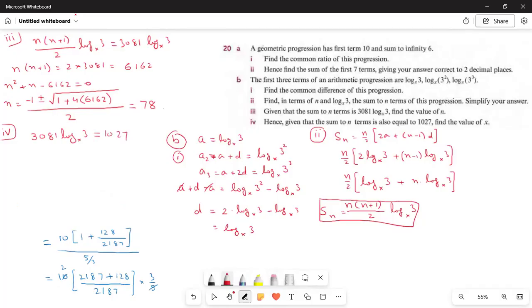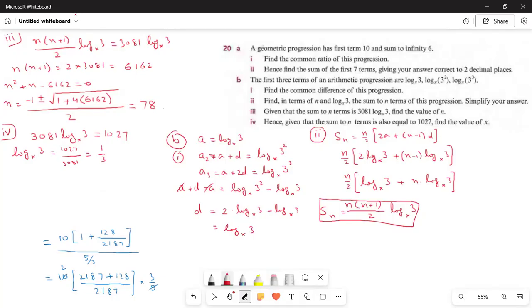Now we need to find the value of x from here. So you can see log x³ is equal to 1027 divided by 3081. This comes out to be 1 over 3.